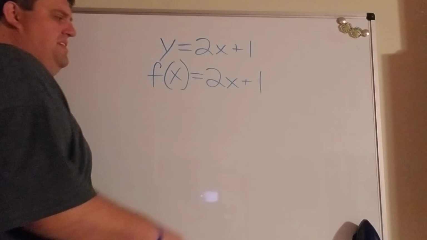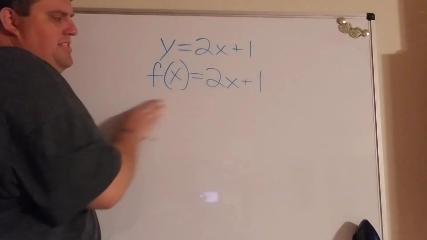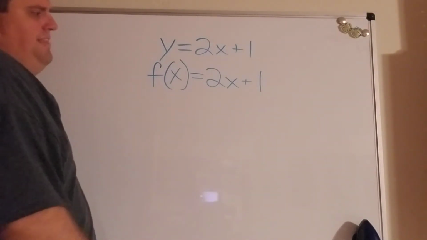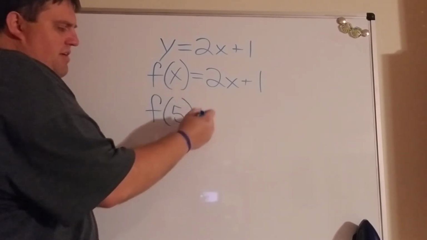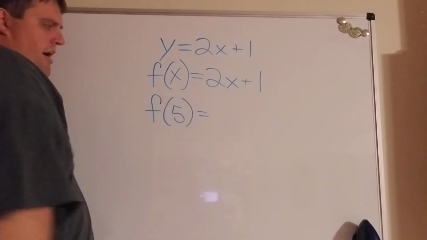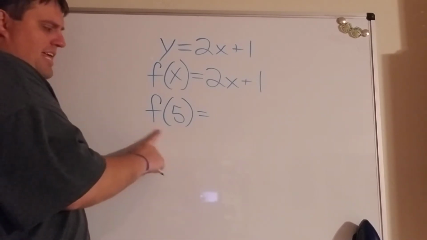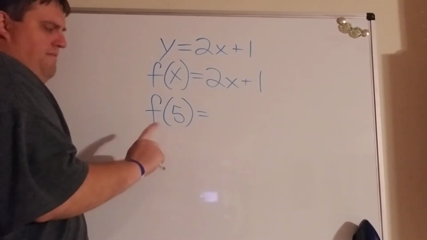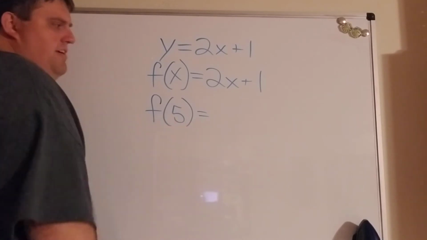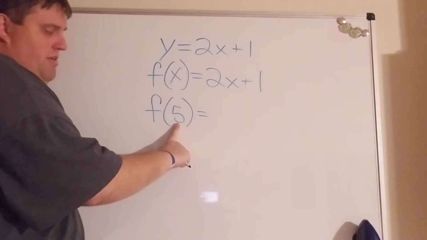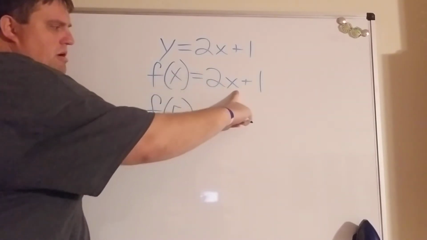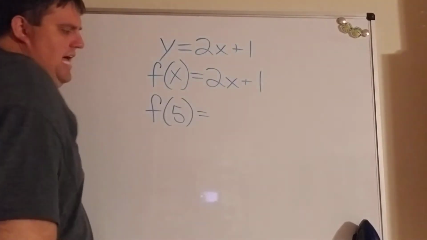But what you will see is that they will write it in function form, and then they'll say something like, what is f of 5 equal to? Whenever they give you a function of 5, all that means is you're going to take 5, or whatever number they give you, and plug it in everywhere we see an x on this right side.